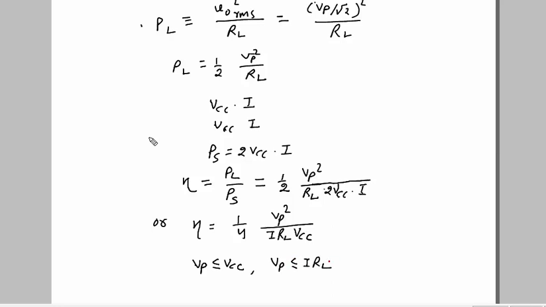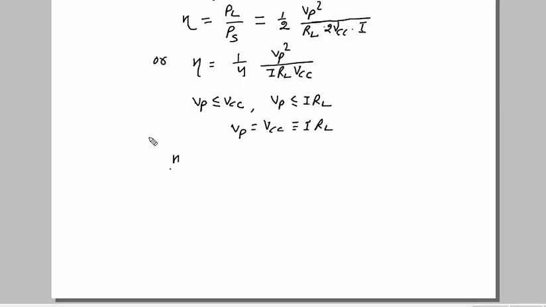Okay, so what is the maximum efficiency to obtain? For maximum efficiency, Vp will equal VCC, and this also equals I RL. So this is the maximum value of Vp. It means eta max is 1 by 4 times VCC squared divided by I RL, which is also VCC, into VCC.